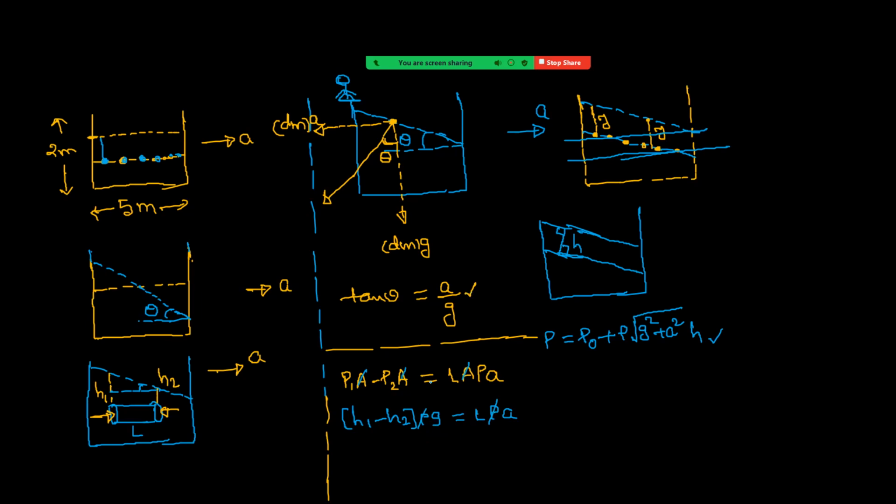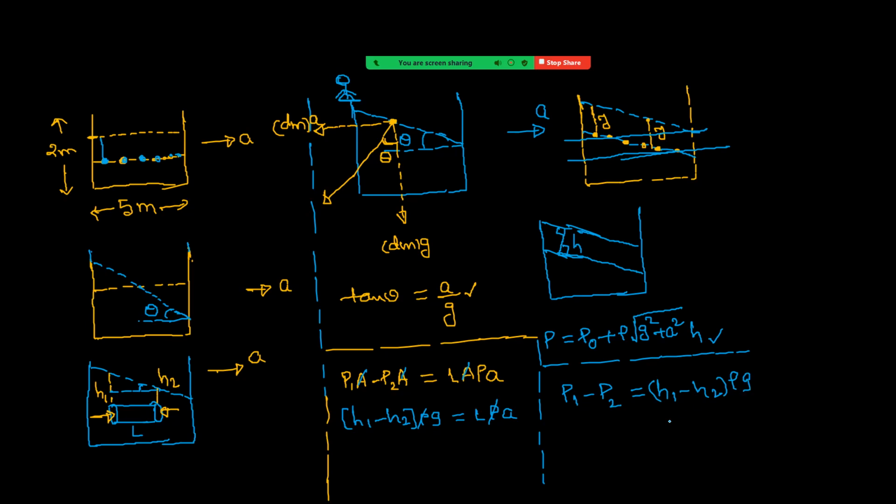Next. Here this is the pressure P1 and this is now P2. See how we write the relation between P1 and P2. P1 minus P2 is equal to H1 minus H2 into rho g.